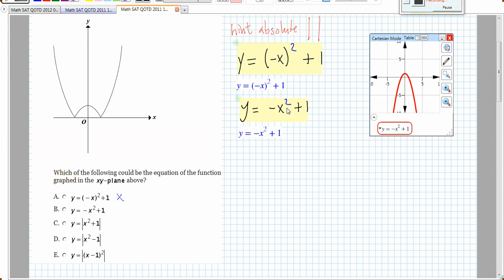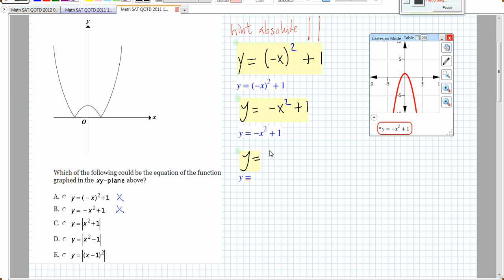So it's a parabola because it's x squared. But when you put the minus sign out in front, it flips the parabola over. And when you add a 1, once again it moves the whole graph up 1. This is a shifting operator. It moves it up and down on the y-axis. So you know what? The answer isn't B either, because it doesn't look like that one. Well, let's try the next one.